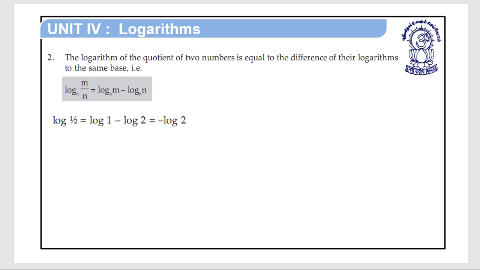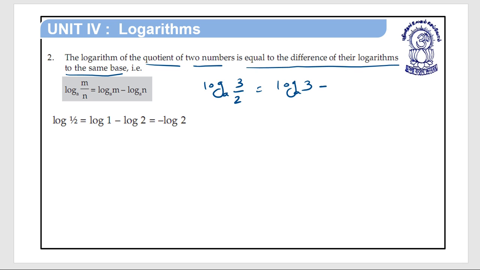Now the next law. The logarithm of the quotient of two numbers is equal to the difference of their logarithms to the same base. Here consider one example, log 3 by 2 to the base a is equal to log 3 minus log 2.